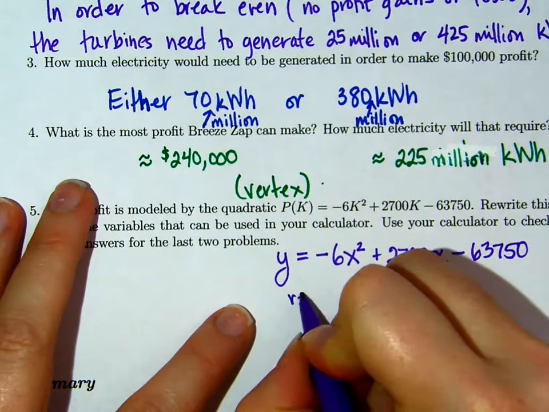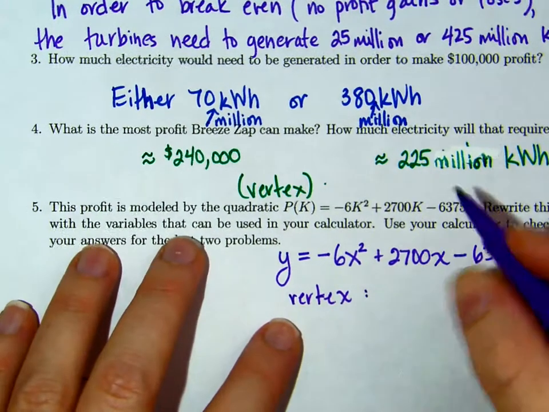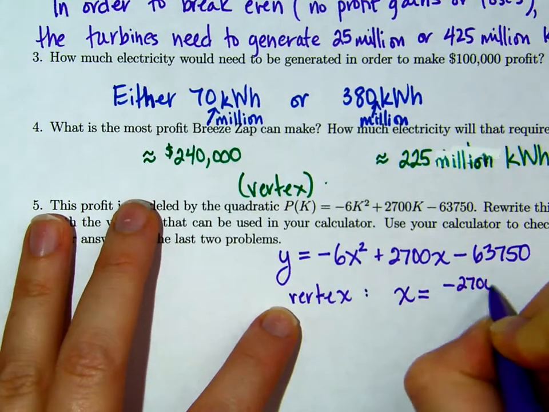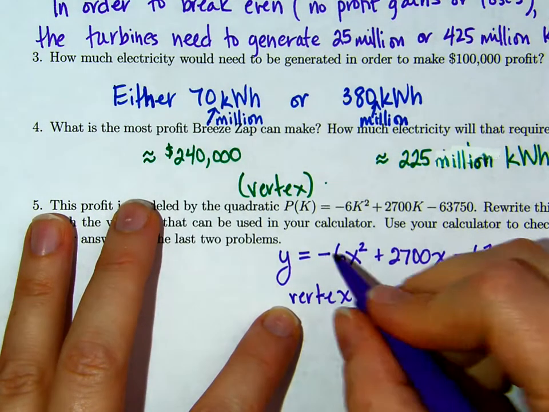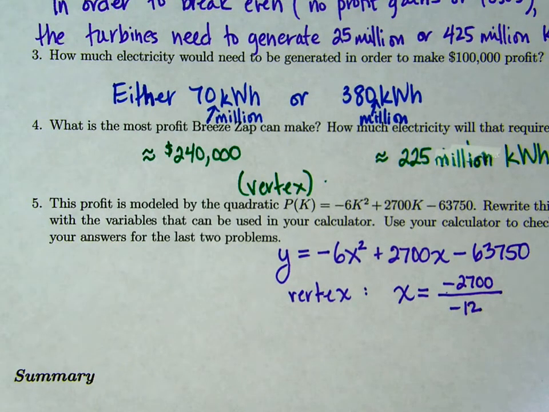So in terms of the vertex, without the calculator, the x value would be the opposite of 2,700 over double the a. Well, 2 times that is negative 12. So I'm just curious if we read the graph with enough precision.